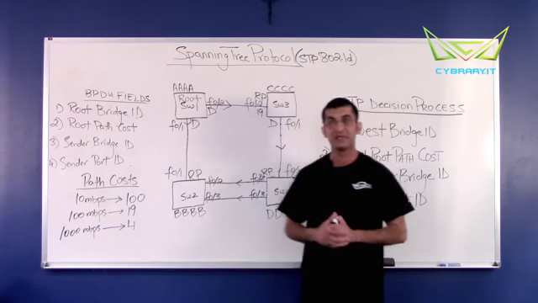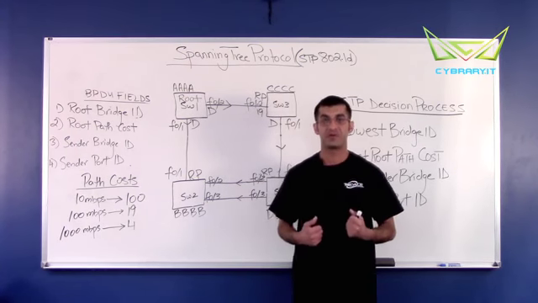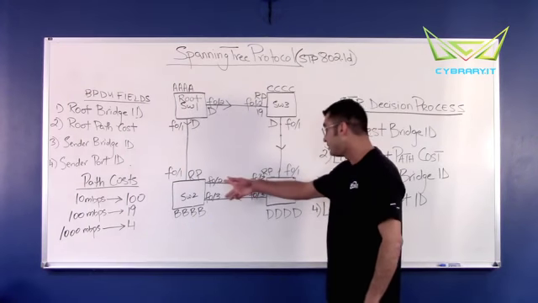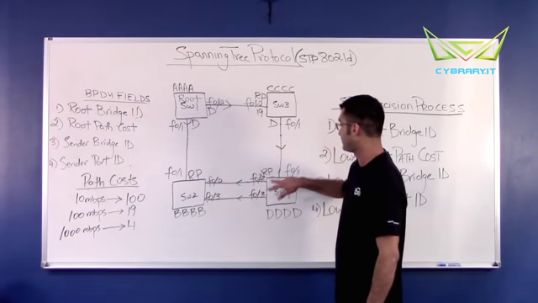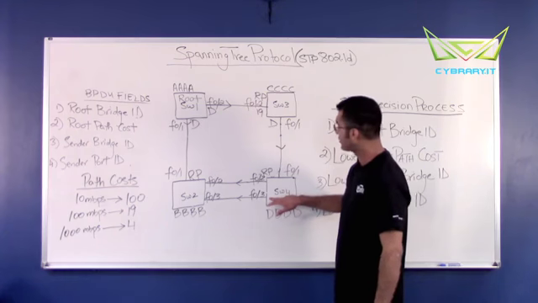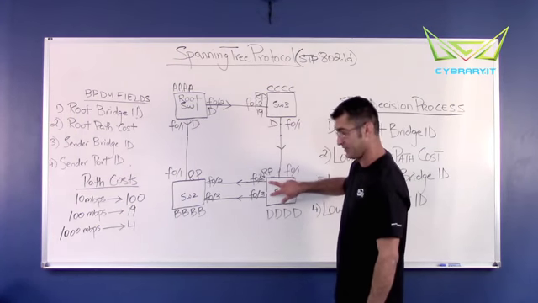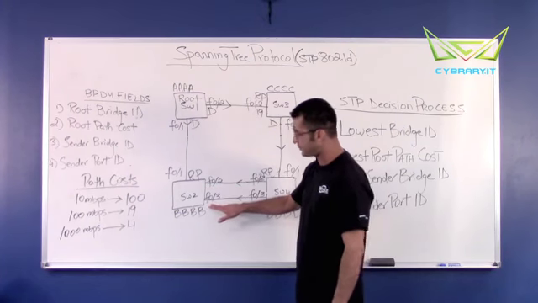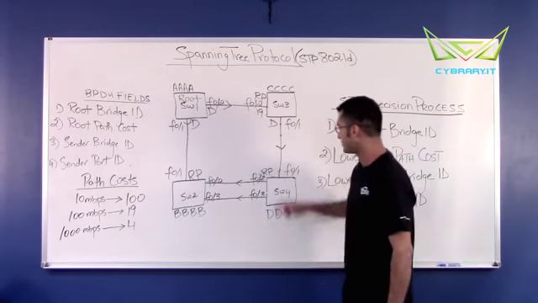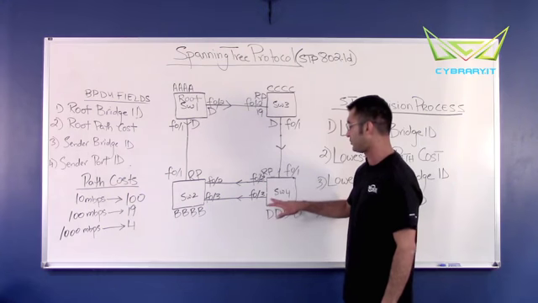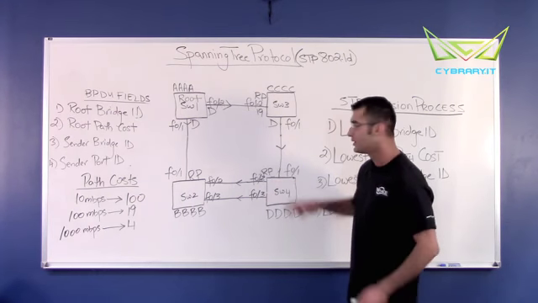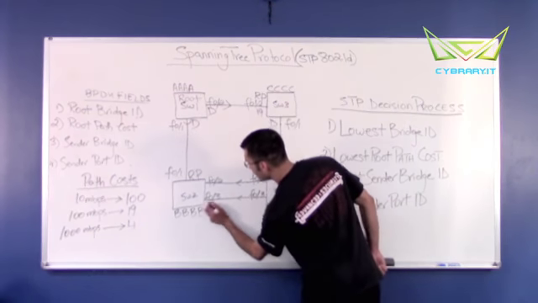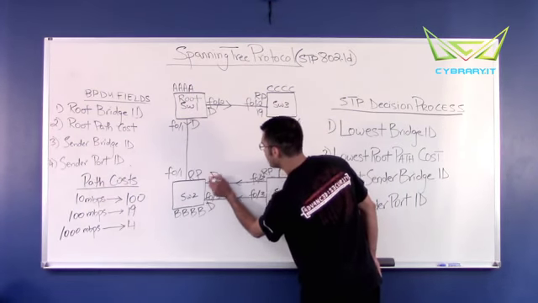Remember, the cost is only incremented when a BPDU enters a switch. So when these two BPDUs travel and enter switch 4 F0/2 and F0/3, the cost is incremented from 19 to 38. So the cost is 19 at F0/2 and F0/3 of switch 2, and 38 at F0/2 and F0/3 of switch 4. So F0/2 and F0/3 of switch 2 become designated.